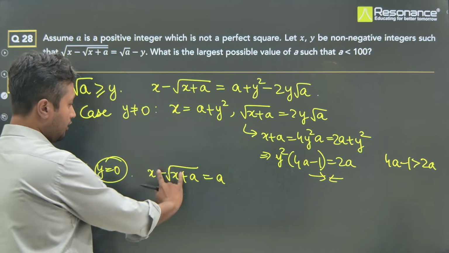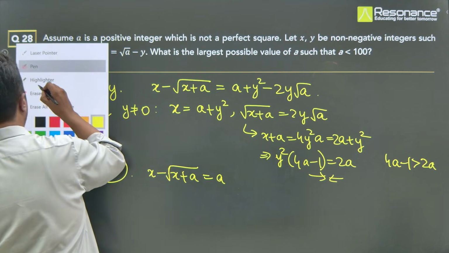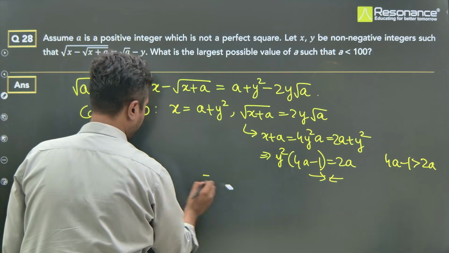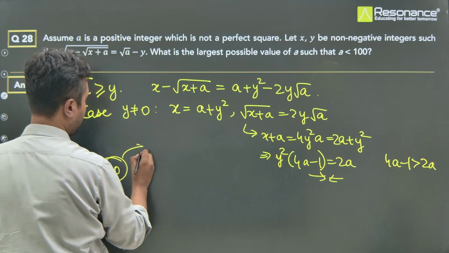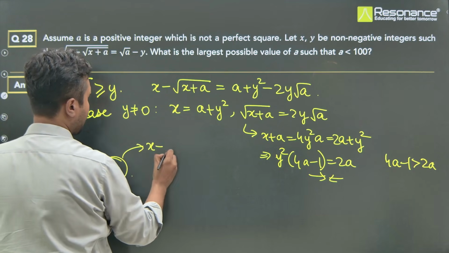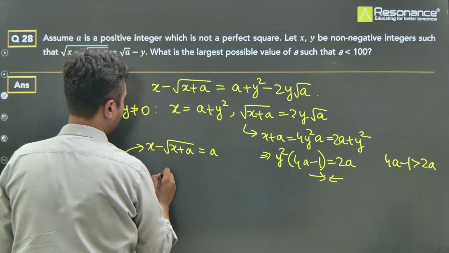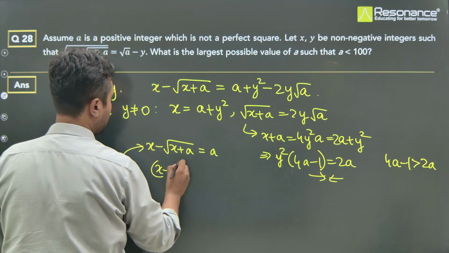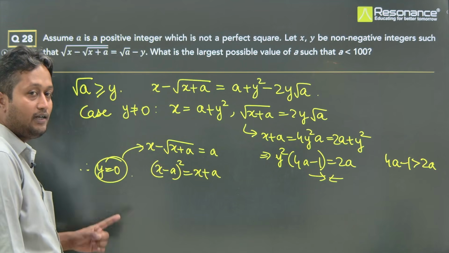Okay, now you just move that there. This a comes to this side. Maybe I'll just write it over here. X minus square root of x plus a is equal to a. So x minus a whole square is equal to x plus a square root and then whole square.